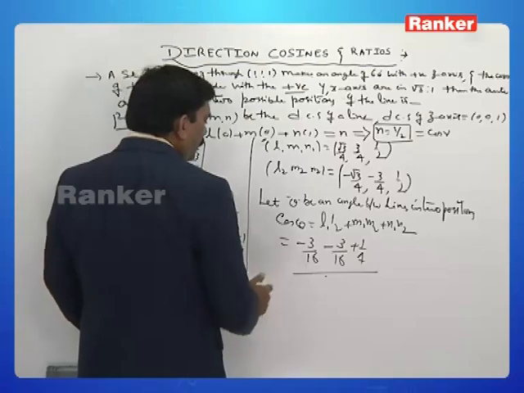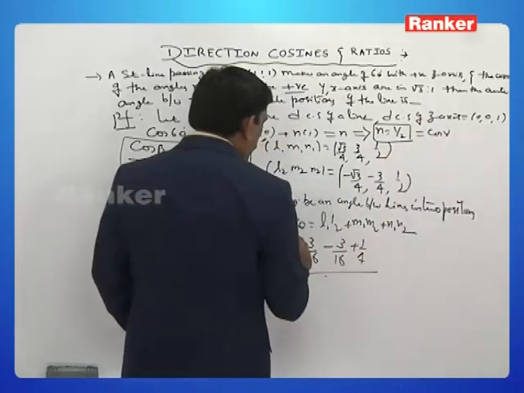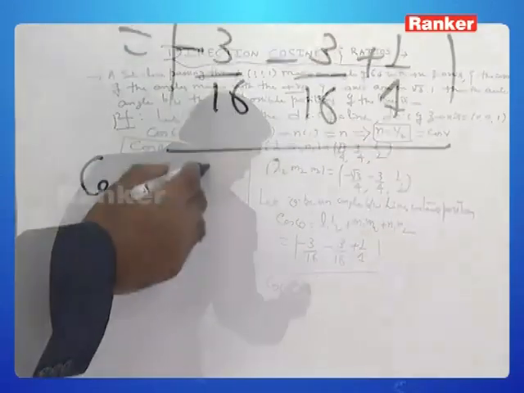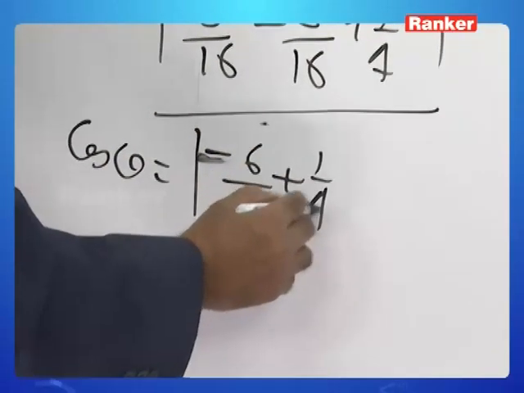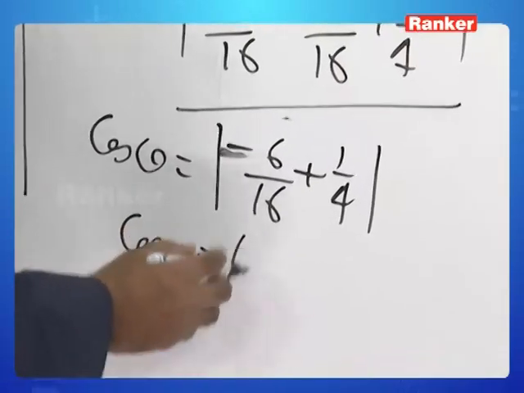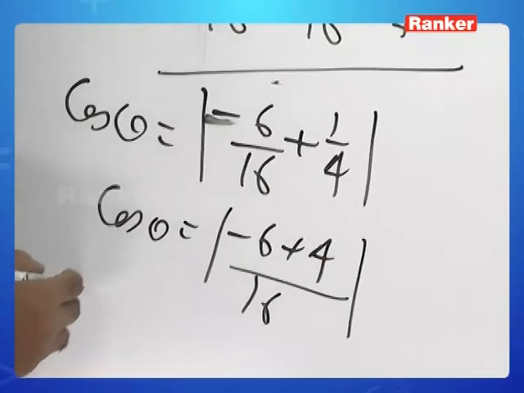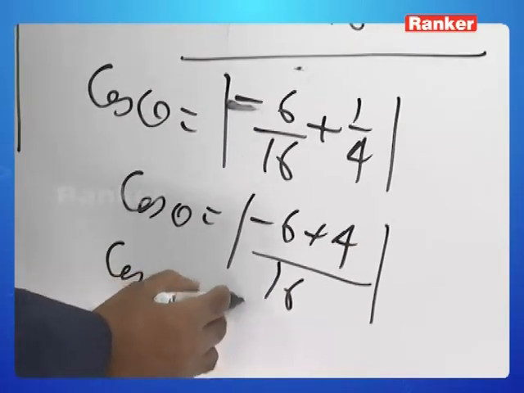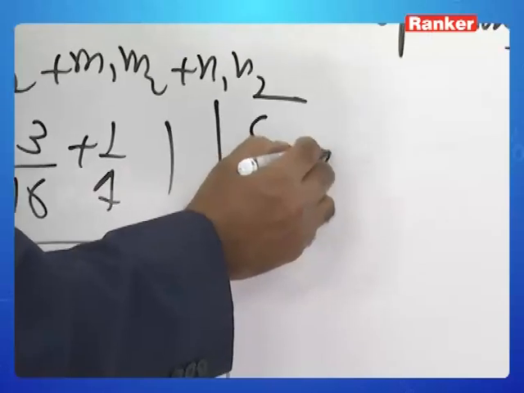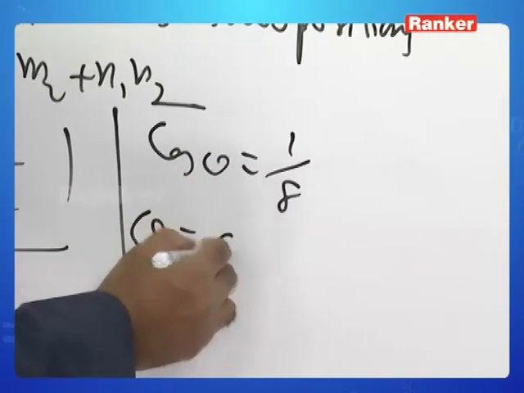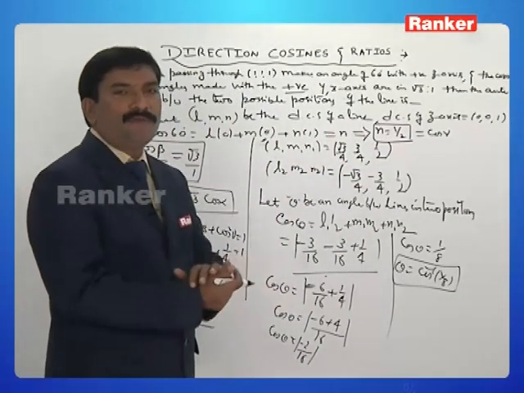Since it asks for the acute angle, take the modulus. Now this becomes minus 6 by 16 plus 1 by 4. Taking the LCM, minus 6 plus 4 by 16, so cos theta is equal to minus 2 by 16. Therefore cos theta is equal to 1 by 8, and theta is equal to cos inverse of 1 by 8. This is how you can find it.